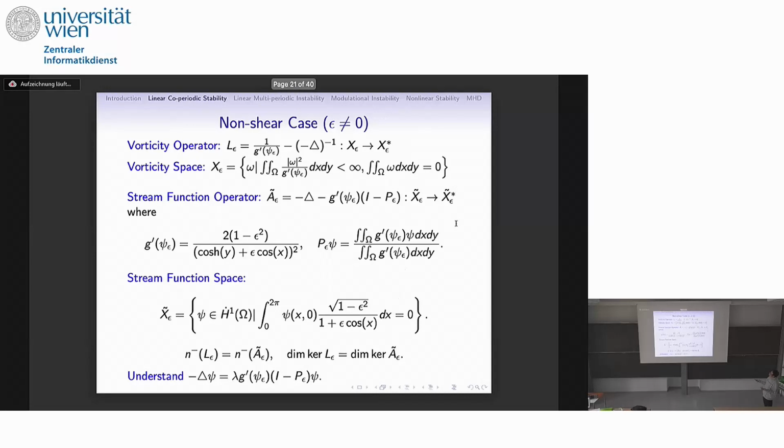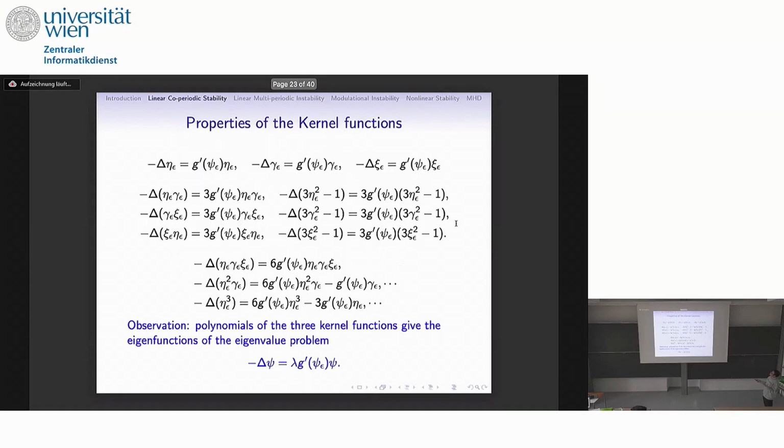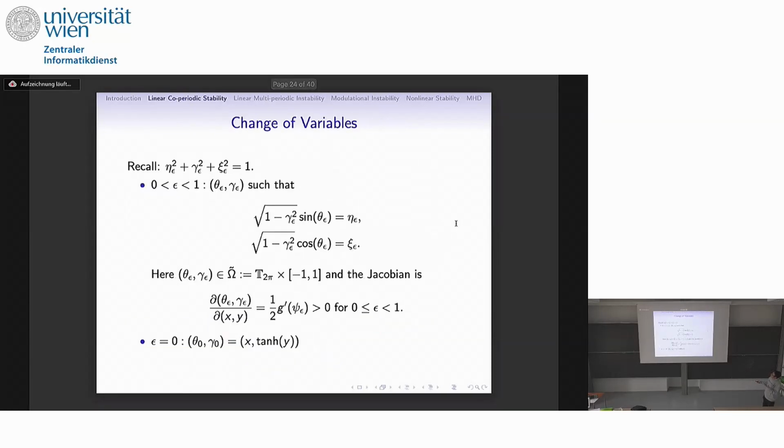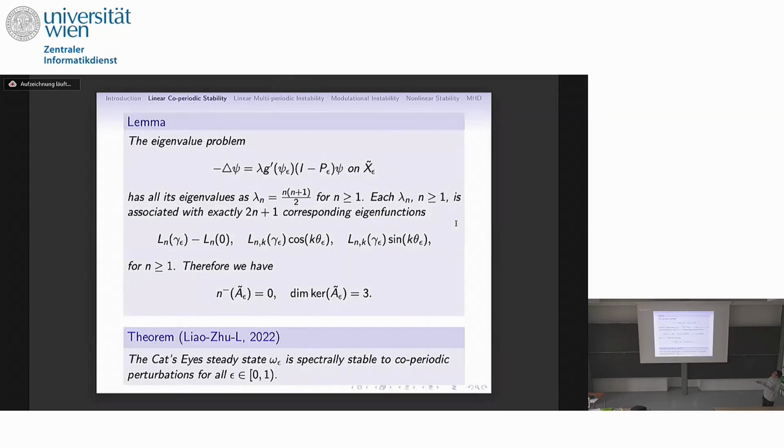To our surprise, the spectrum of this PDE operator looks very much like the ODE case, at least for the first three eigenvalues, 1, 3, and 6. They look identical to the epsilon equal 0 case. When we played with the eigenfunctions, we also saw a certain pattern, and we used numerics to double check. This gave us confidence that maybe for the PDE case, the spectrum can be reduced to the epsilon equal 0 case.